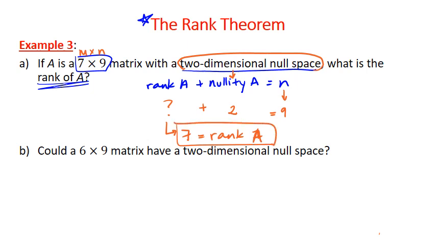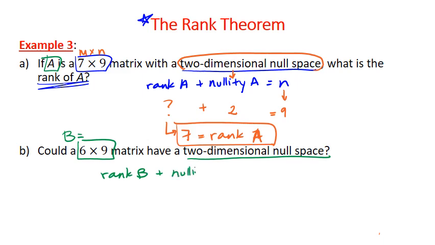Okay, in the next part, we want to know if a 6 by 9 matrix can have a two-dimensional null space. Okay, well, let's think about this for a second. Since this was matrix A, let's call this matrix B. The rank theorem says the rank of B plus the nullity of B is equal to n.